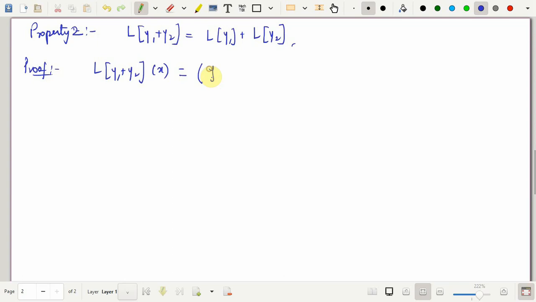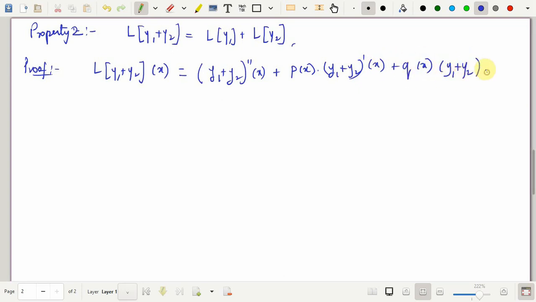So, I will have (y1 plus y2) double prime at x plus p of x into (y1 plus y2) derivative at x plus q of x into (y1 plus y2).